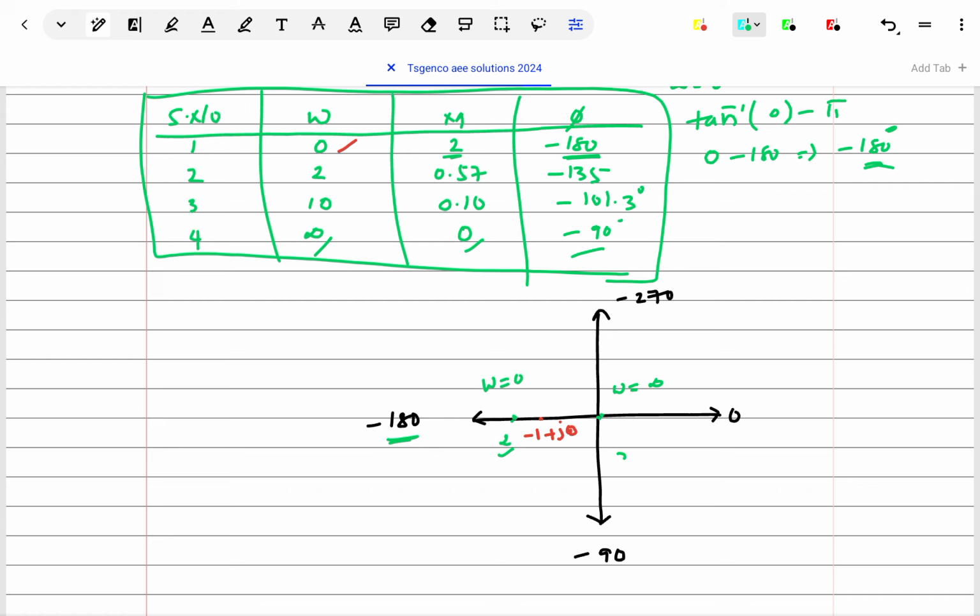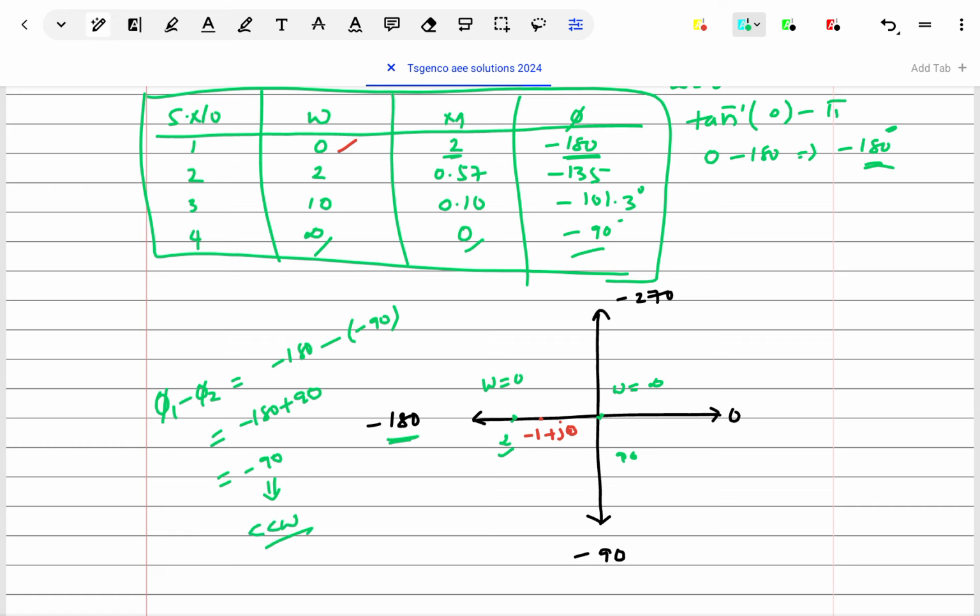And what about the direction of this polar plot? It is given by phi 1 minus phi 2. What is the phi 1 value? Minus 180 minus of minus 90, which is minus 180 plus 90, equal to minus 90. Minus indicates that it is a counterclockwise direction.